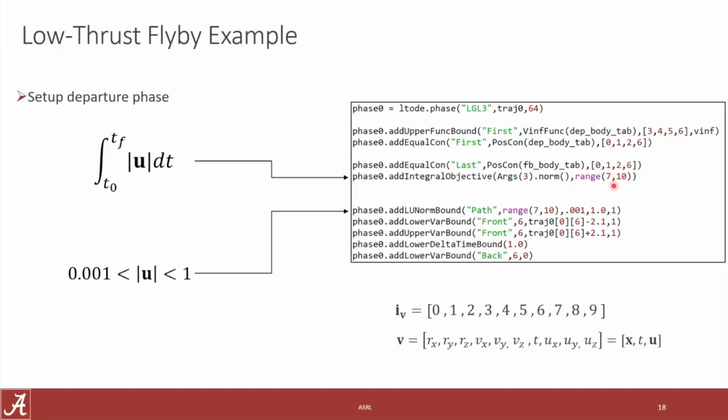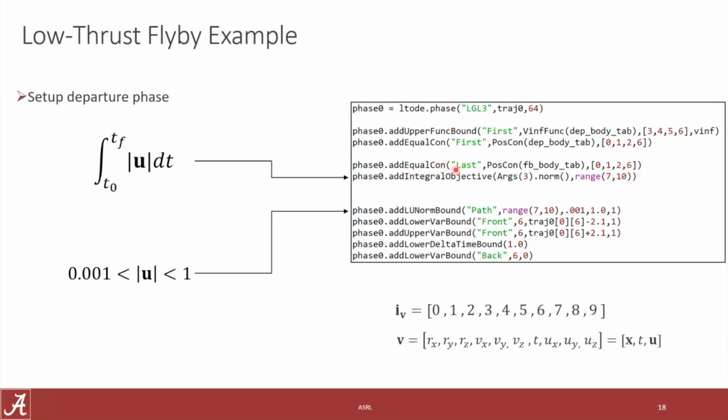So we're passing in the control elements. This is kind of a shorthand way to do it. If you're more comfortable with it, you could write a vector function that you instantiate here, but since there's just a single operation, we're doing the integral objective on an arg size 3 norm and passing to that arg size 3 the 3 control components.